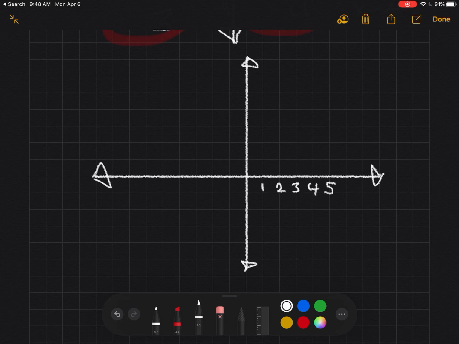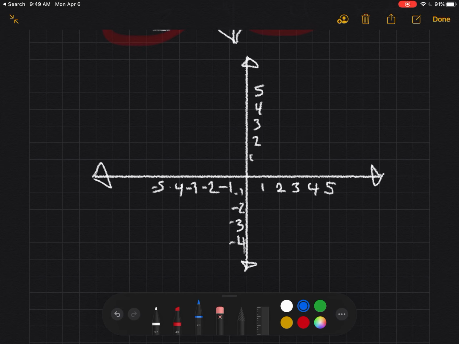Here we have -1. Oh, that's a little bit too big. -1, -2, -3, -4, -5, and then 1, 2, 3, 4, 5. And then right in there, -1, -2, -3, -4. Great. So this is our graph.